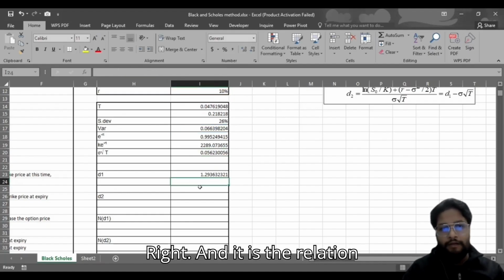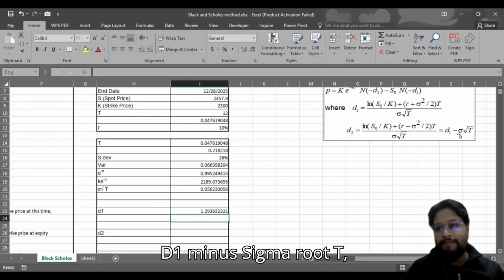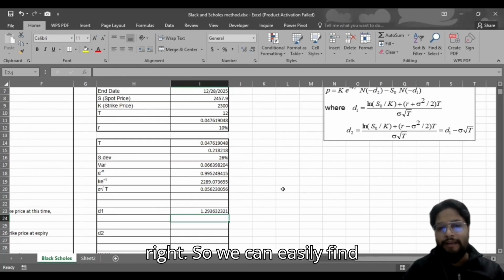The relation between D1 and D2 is D1 minus sigma root T.